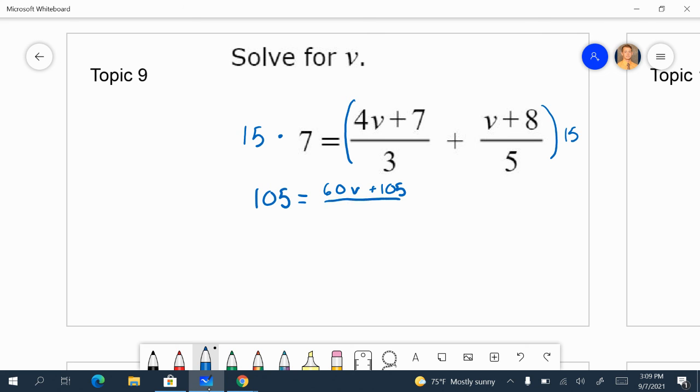And I'm going to put that over the 3 for now. I'm not going to do that step in my head. I'm just going to write it out for now. 15 times v is 15v. 15 times 8 is, I'm assuming, 120 divided by 5. So now what we need to do is simplify everything. So if we get 105 equals, so 60 divided by 3 is 20v. 105, sorry.